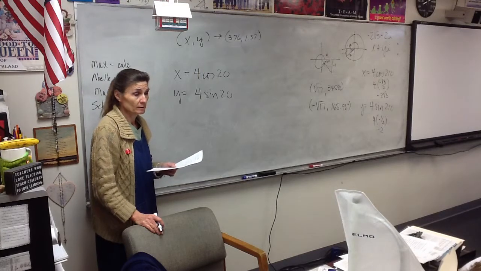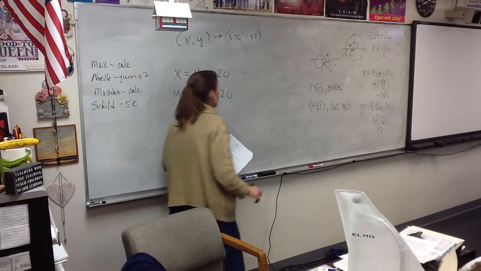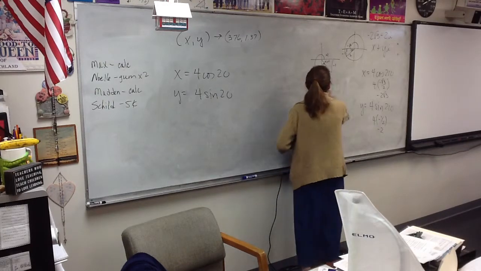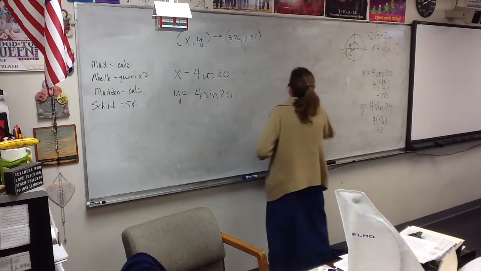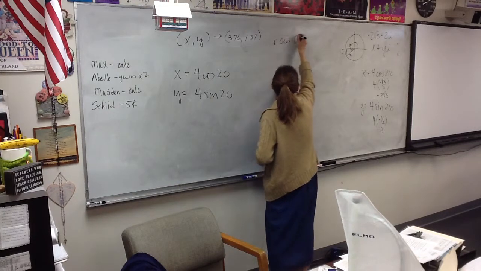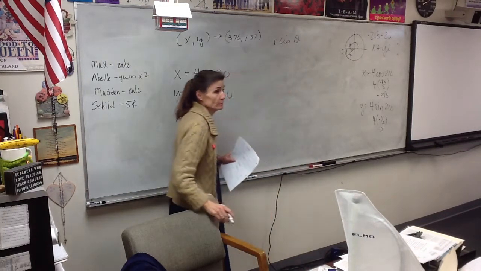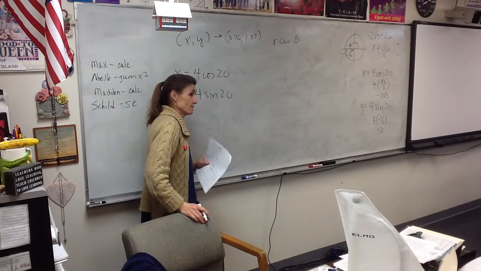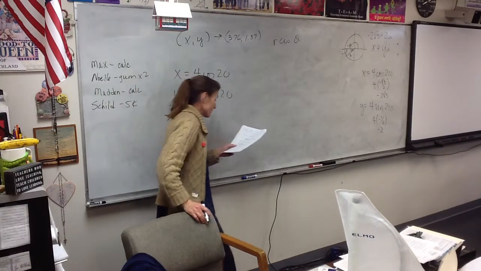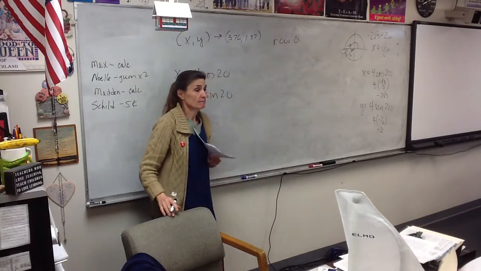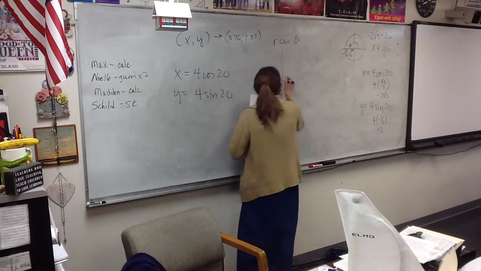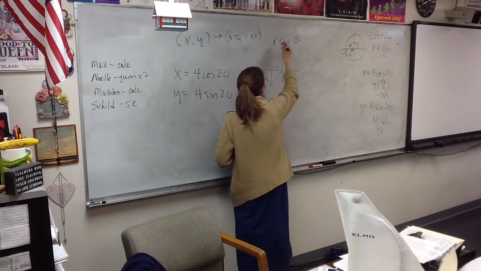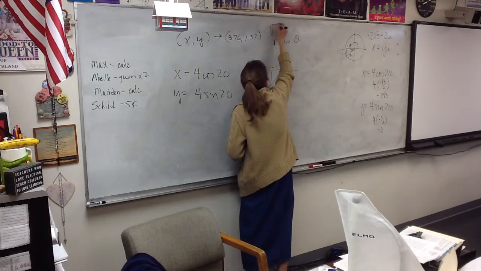Okay. Number 5, rewrite in polar form. What am I looking for if I'm looking for polar form? r cis theta, that's polar form. Not an ordered pair, that would be polar coordinates. How do I find r and theta? Draw a picture. So I'll draw -1 minus 5i. What's r? √26.